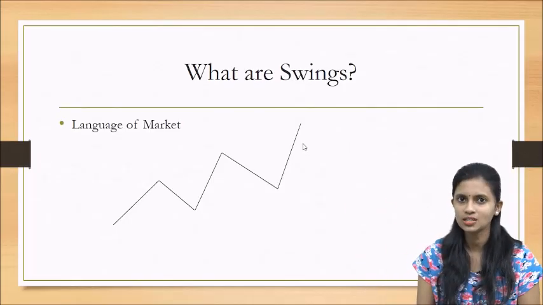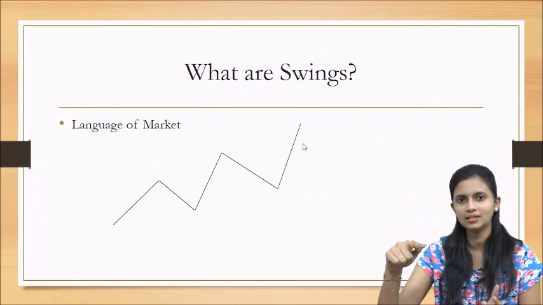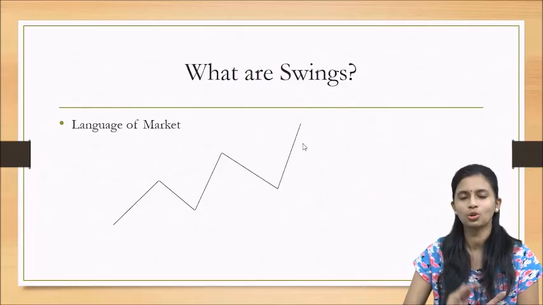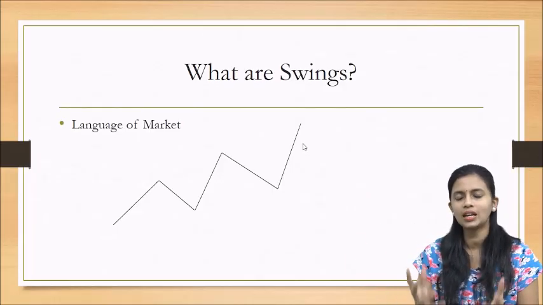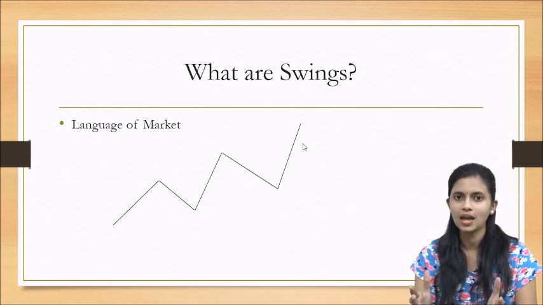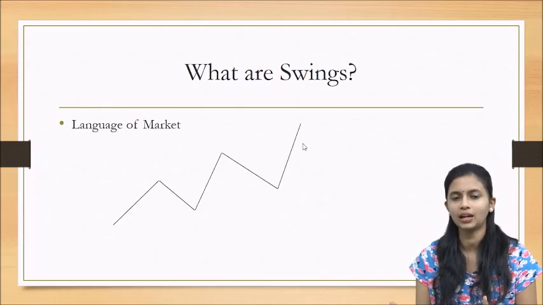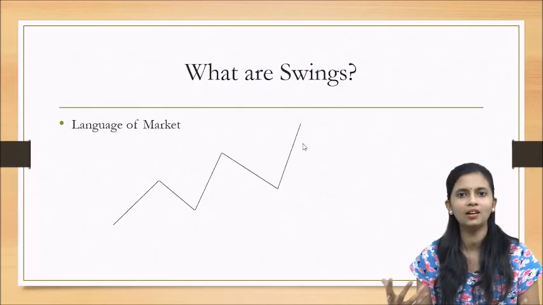Similarly in the stocks we have the stock moving up, again taking some rest, coming down, again it will move up. So these types of movements are called swings. Basically when we read the chart, we should be able to read the sentiments of the market. For this we use swings as the base. So swings are nothing but the language of the market. The person who masters reading the swings will be an effective trader.